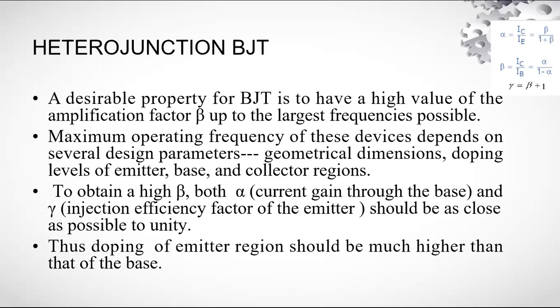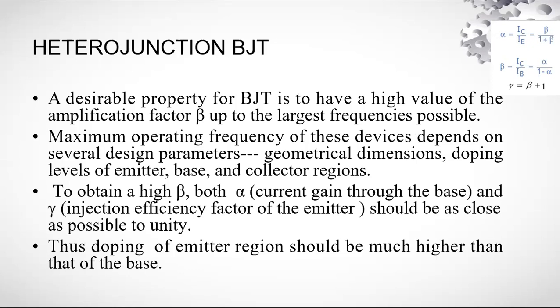So the desirable property for a BJT is to have a high value of amplification factor beta up to the largest frequency possible. Now the maximum operating frequencies for these BJT devices will depend upon several design parameters like the geometrical dimension, doping levels of emitter, doping levels of base and collector regions, etc.